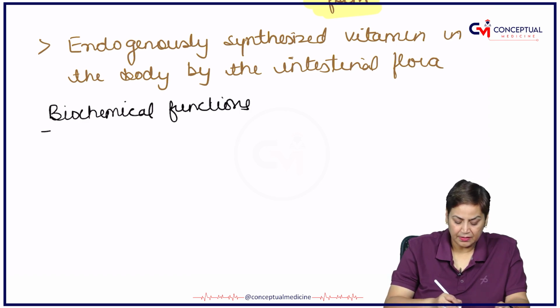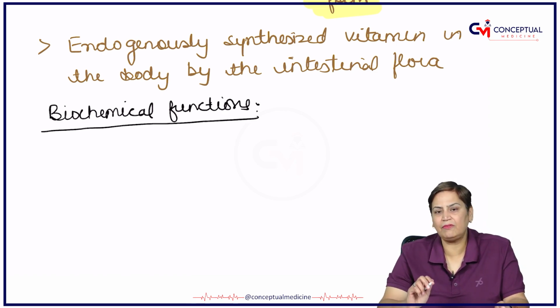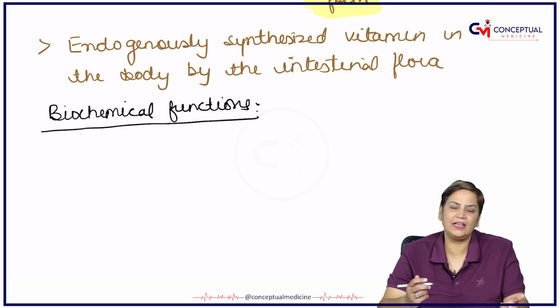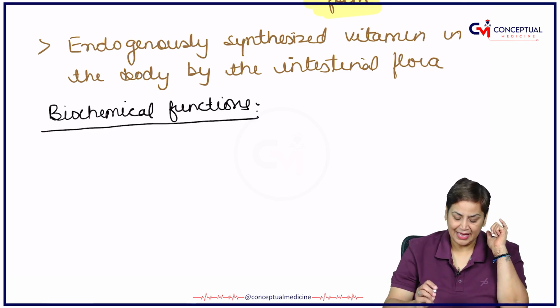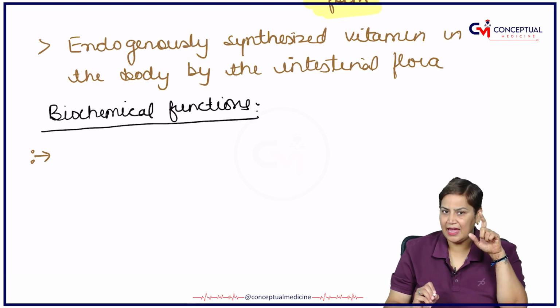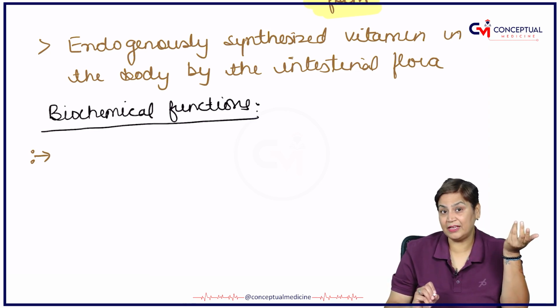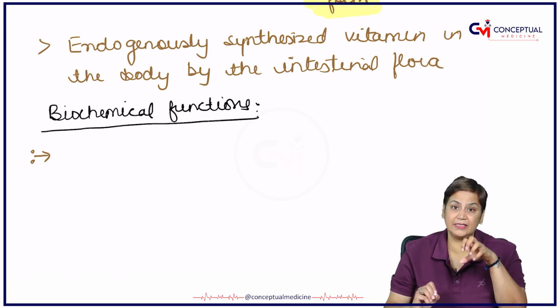Since I told you this is the only fat-soluble vitamin which acts as a coenzyme, what is its function as a coenzyme? Vitamin K acts as a coenzyme by regulating or modifying the post-translational modification of glutamic acid.